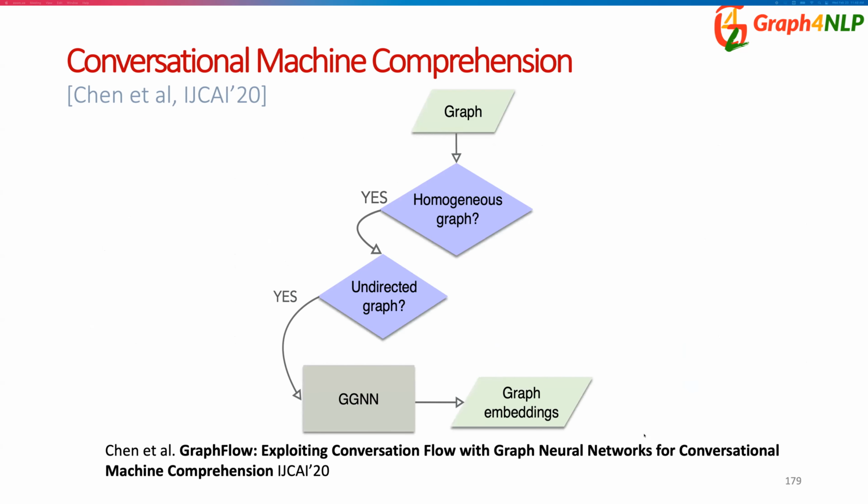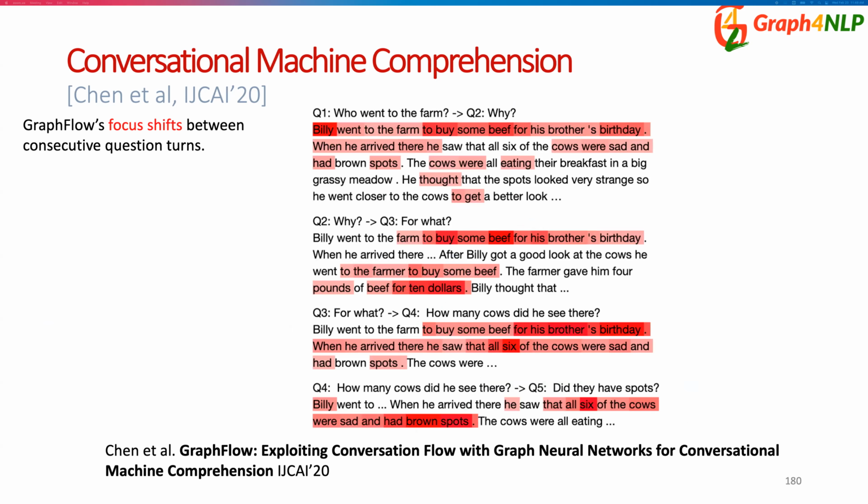So this is a summary, mapping to what we have talked about before. With the dynamic graph, we can easily visualize the changes of the hidden representation of the context words between consecutive turns by computing the cosine similarity of the hidden representation of the same context words at each turn, and then highlighting the words that have smaller cosine similarity scores.